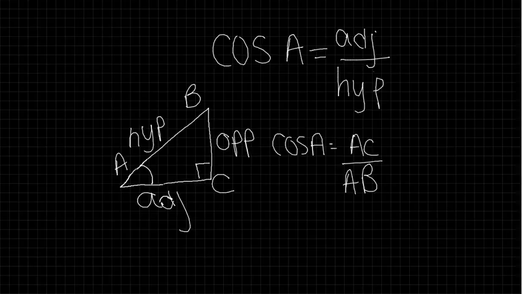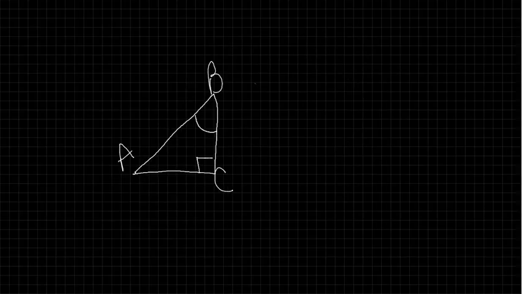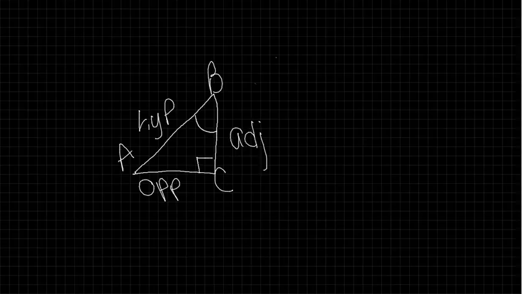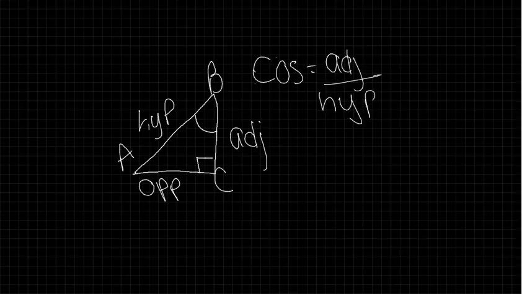Say we were trying to find cosine of a different angle, okay? So if we have triangle ABC, but instead of angle A we want to focus on angle B, then first we want to label our triangle. So hypotenuse is still the same, but now in terms of the angle B, we have AC as our opposite side because it's opposite angle B, and BC is our adjacent side length because that's adjacent to angle B. So cosine, again, we said that this is adjacent over hypotenuse.